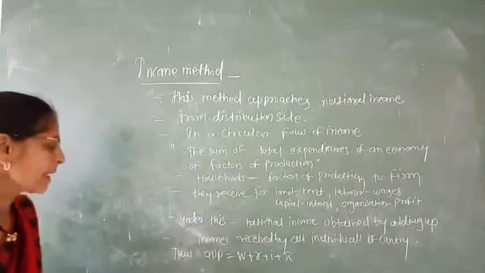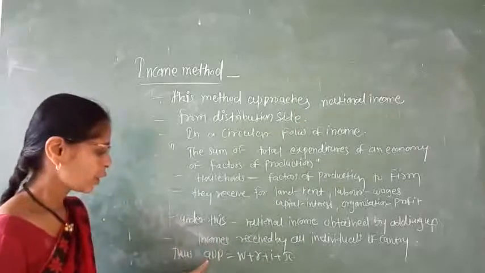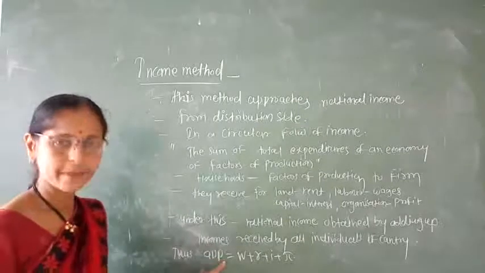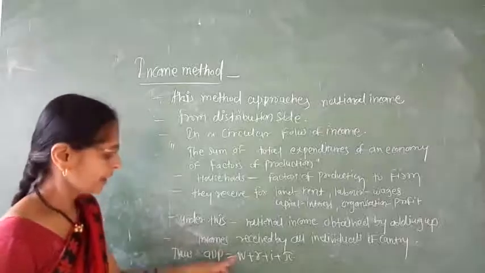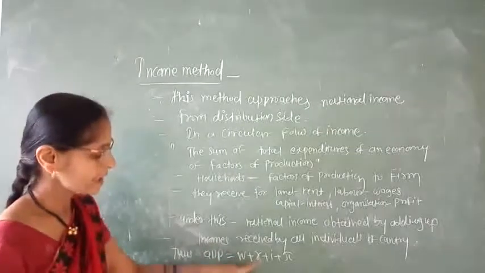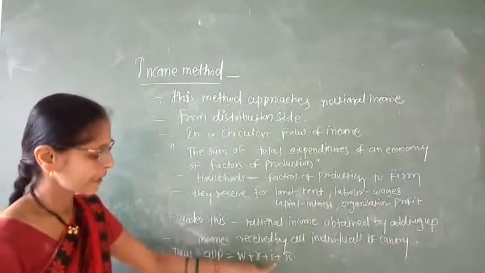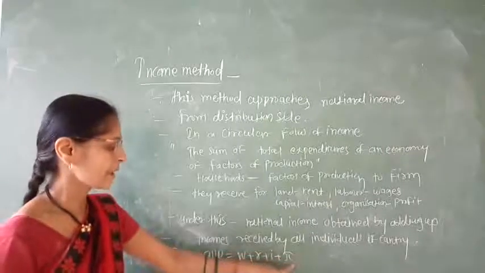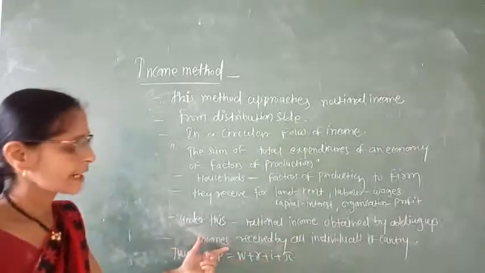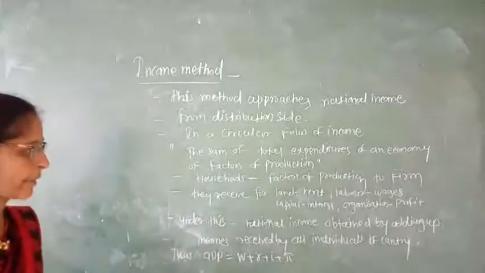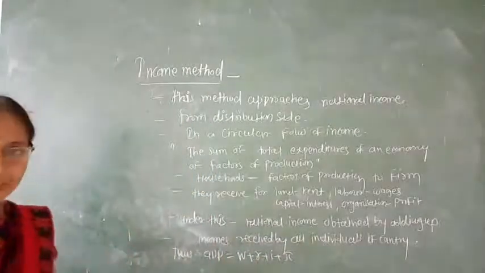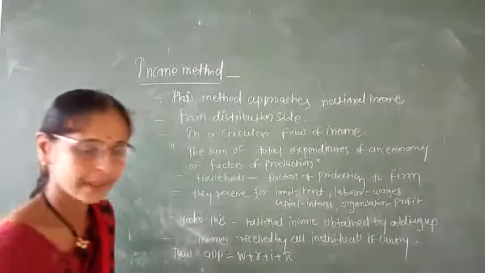So, the GDP, the gross domestic product, that is the national income, is calculated as wages plus rent plus interest plus profit, the sum of the incomes of all individuals of the country. Then we will explain it with the help of an example.